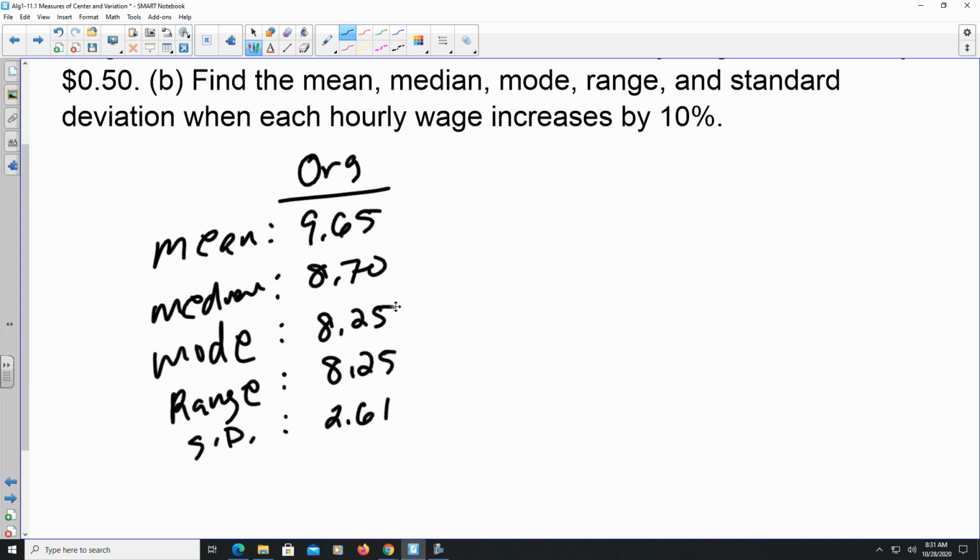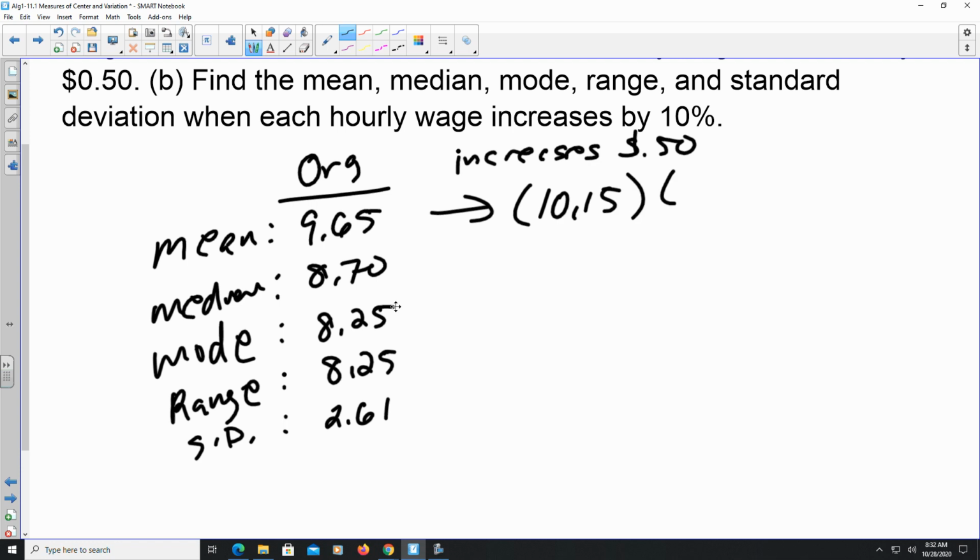Now, when we look at an increase of 50 cents, what's going to happen is this: your new mean is now going to be 10.15.